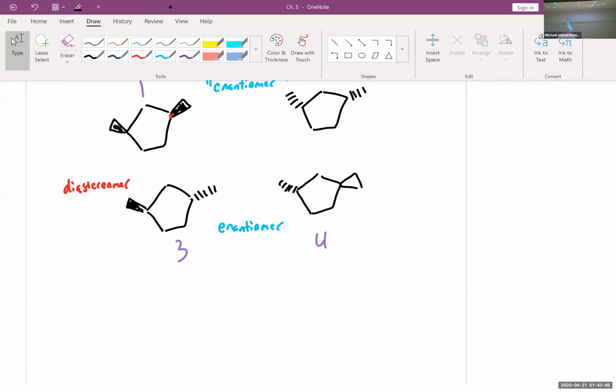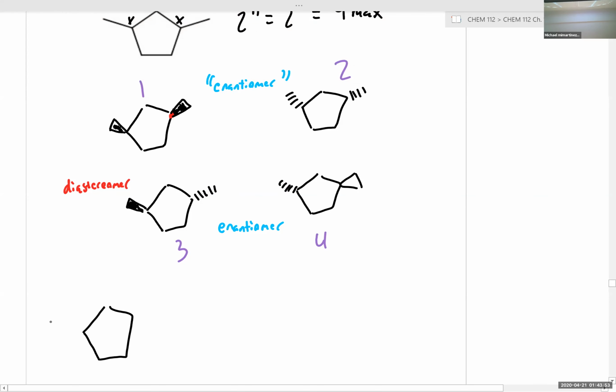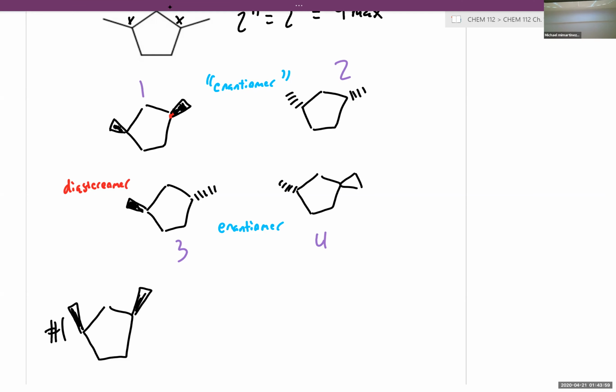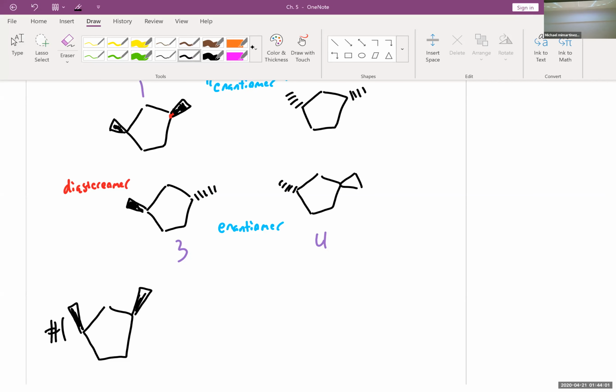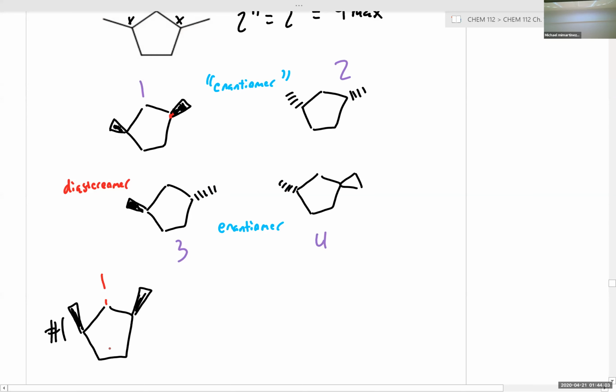So let's take a look at structure number 1. If we cut this molecule in half, are the groups on both sides of this plane of symmetry identical?